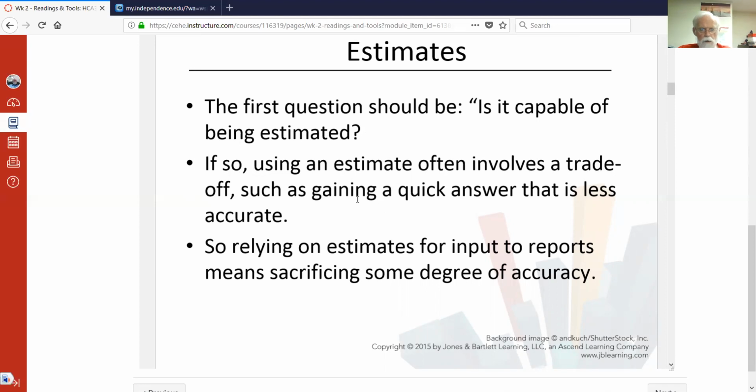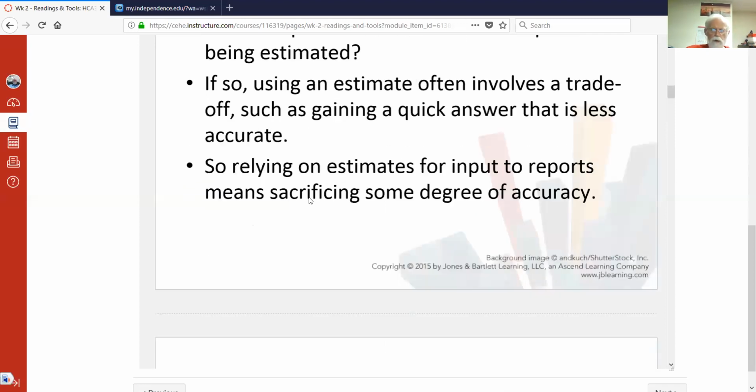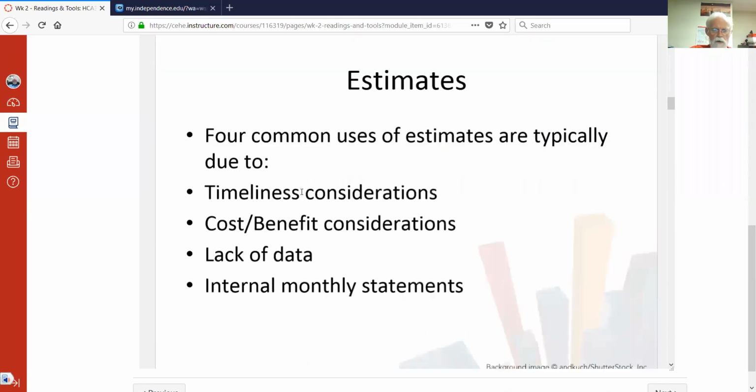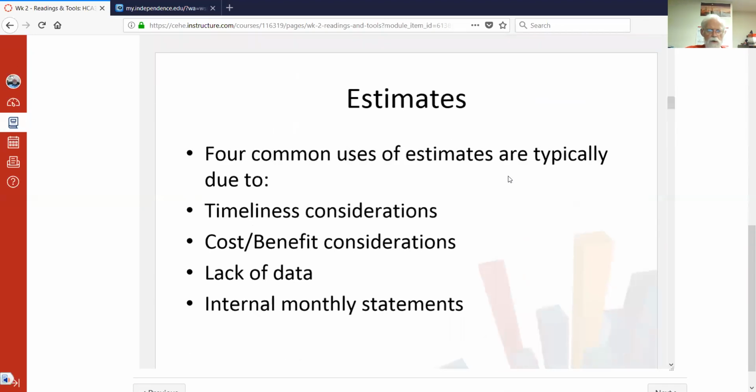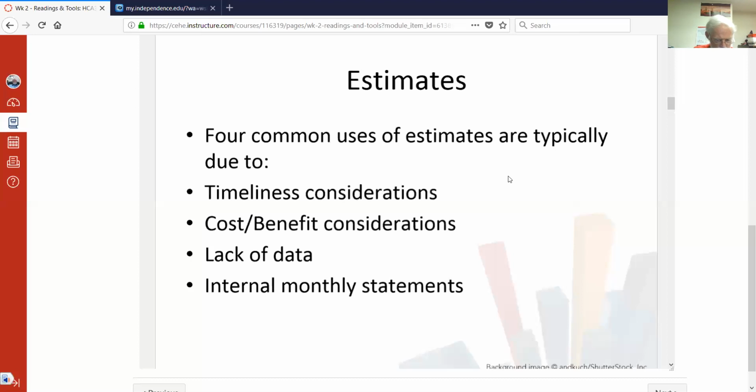But the estimates are not firm numbers. Estimates are done so that we can get an idea as to where the organization is going, and therefore they are not accurate to a real fine degree.